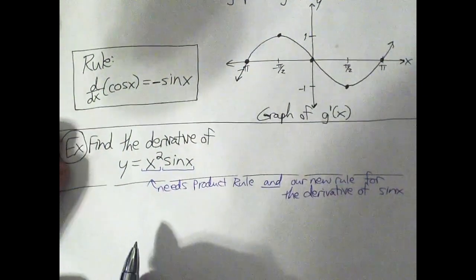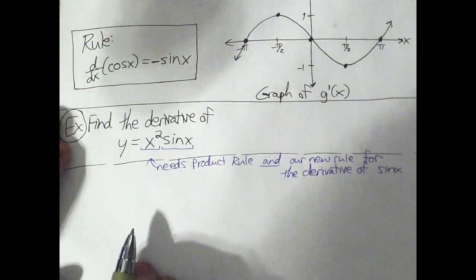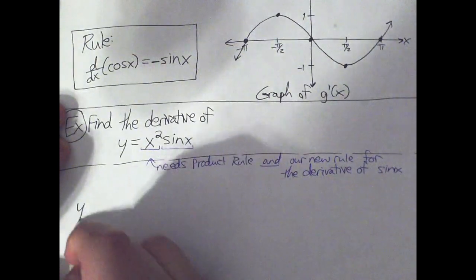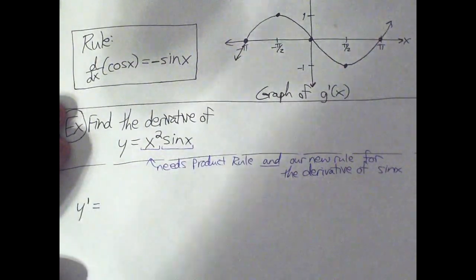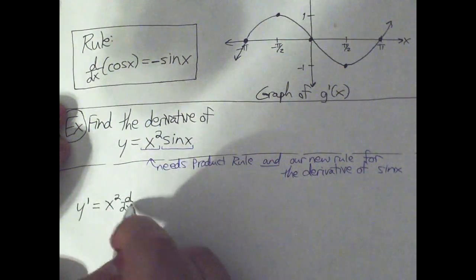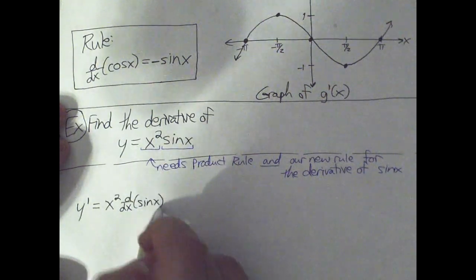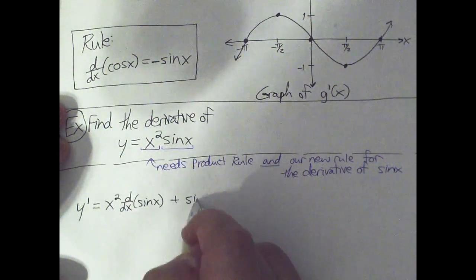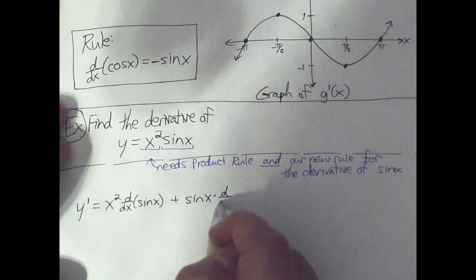So first of all, let's get started with the product rule. We're trying to find the derivative, so we'll call it y prime. The product rule says you take the first function times derivative of the second plus the second function times derivative of the first.